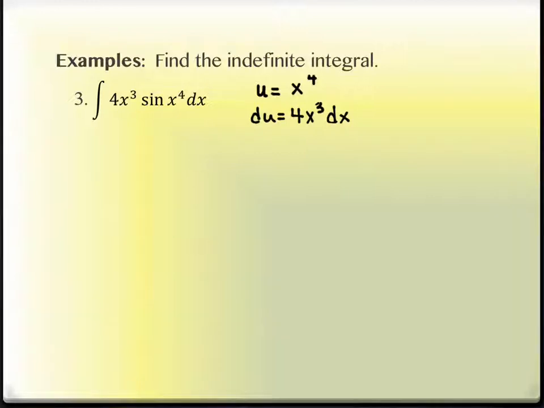So the piece here and here is this piece and will be replaced by du. Sine was not changed because it wasn't part of the u substitution, so it remains. And then the x to the fourth piece will get replaced by u.